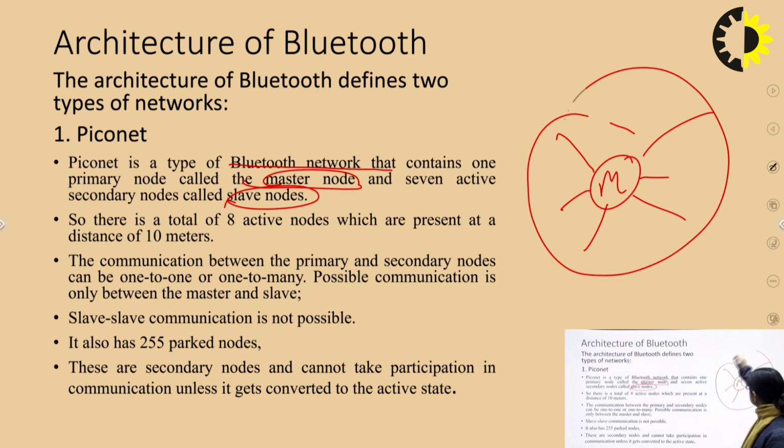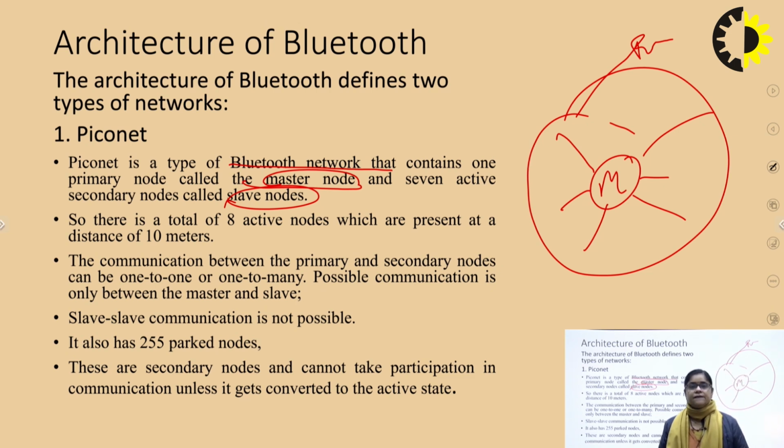This structure is known as a piconet. It is a type of network that contains a primary node called the master node, and 7 other active secondary nodes, called slave nodes.